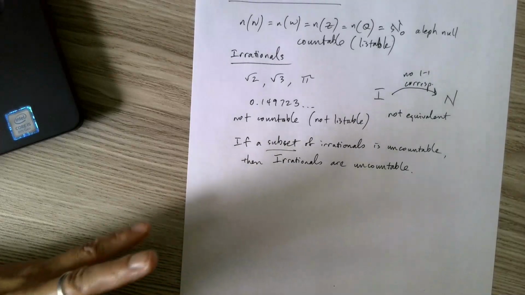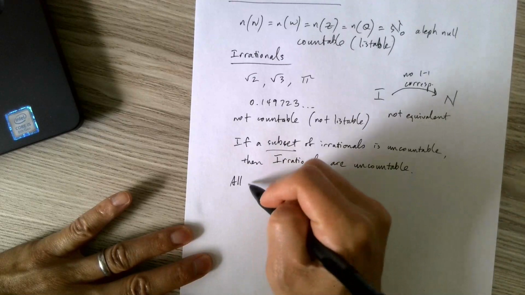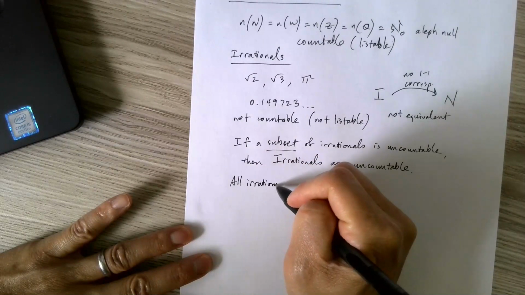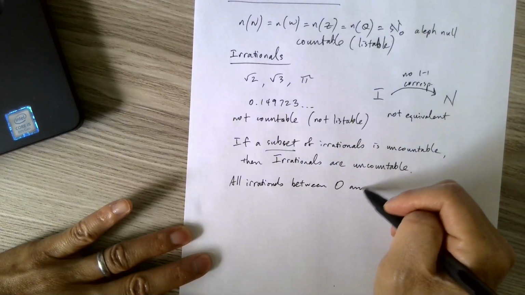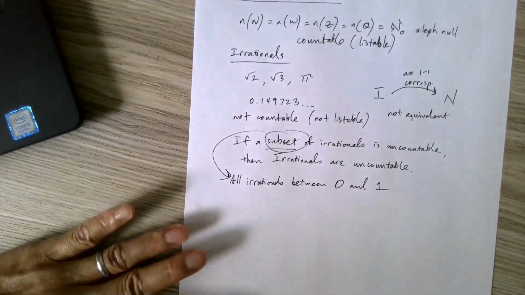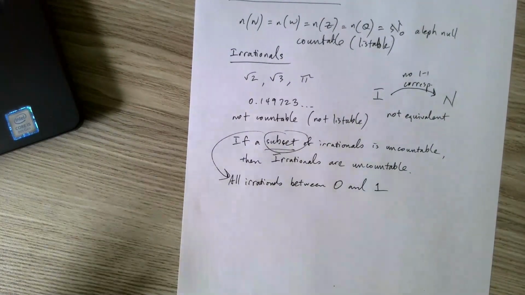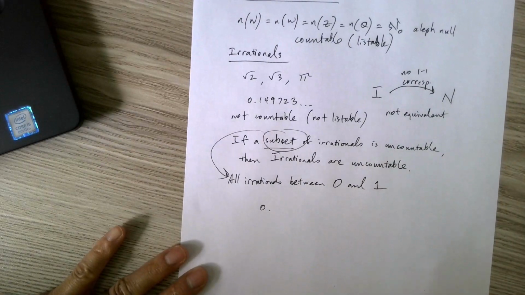Okay, so the subset I'm going to use is all irrationals between 0 and 1. That's my subset. I'm going to list just the first 5 or 6 irrationals between 0 and 1 in no particular order. These are just random irrational numbers between 0 and 1. So they all have to start with 0 point something, of course.